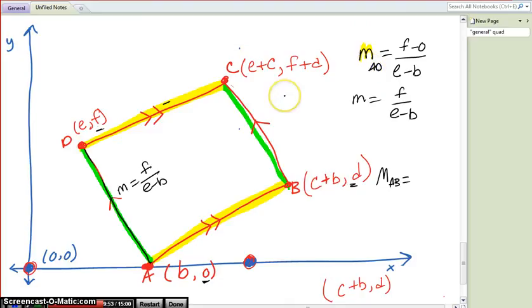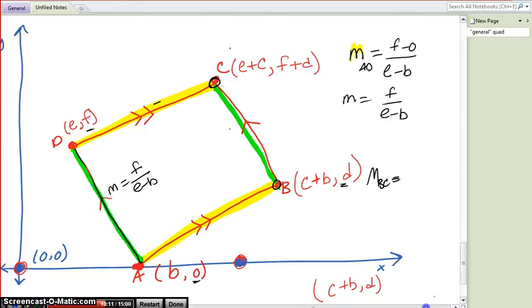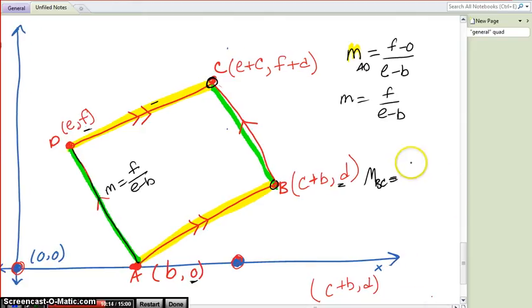So in that case, I want to find the slope not for AB. I want to find the slope opposite AD, and that's line BC. So we're going to deal with this guy right now and see if the slope is the same as the one we just found for the side opposite. So compare by subtraction. We're going to subtract the y values.